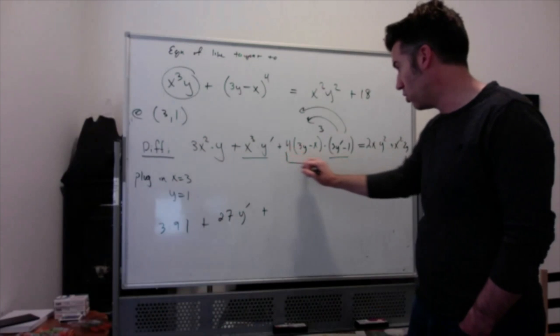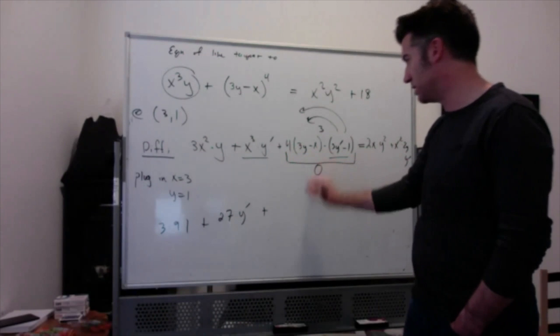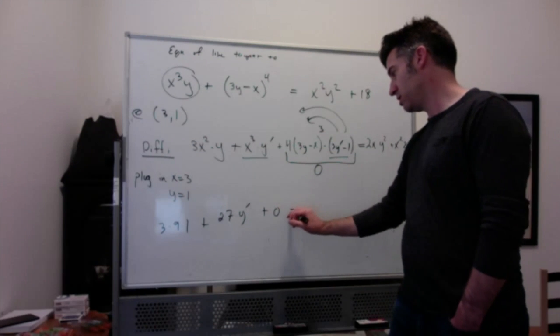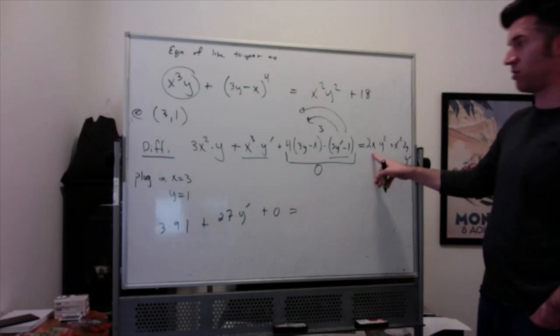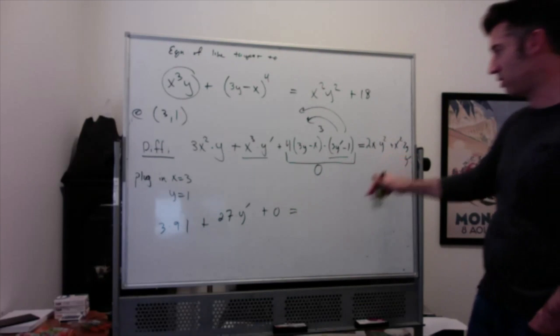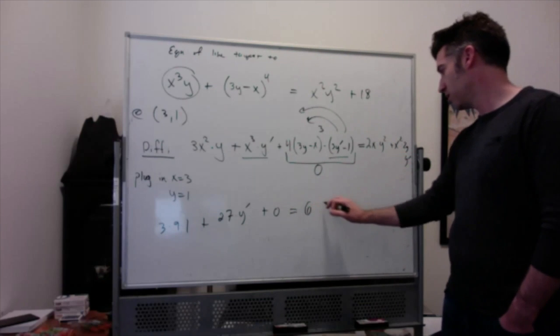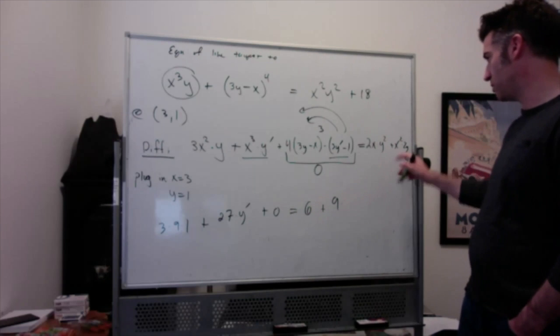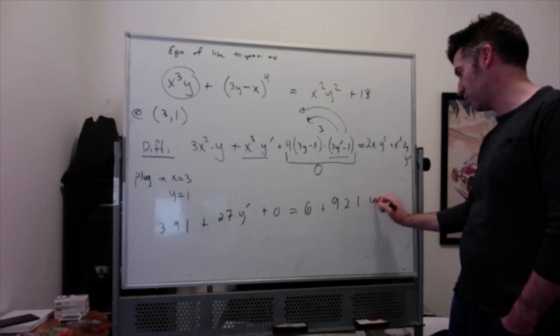And this whole term is a big 0. Equal to x is 3, y is 1. So I get 2 times 3 is 6, times 1 squared is 6. Plus x squared is 9, times 2 times y is times 2 times 1 times y prime.